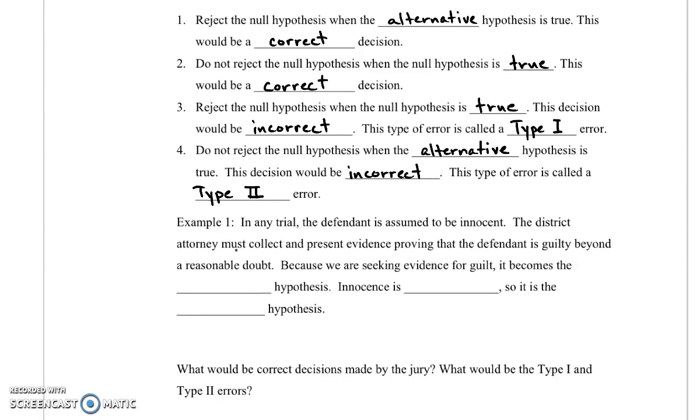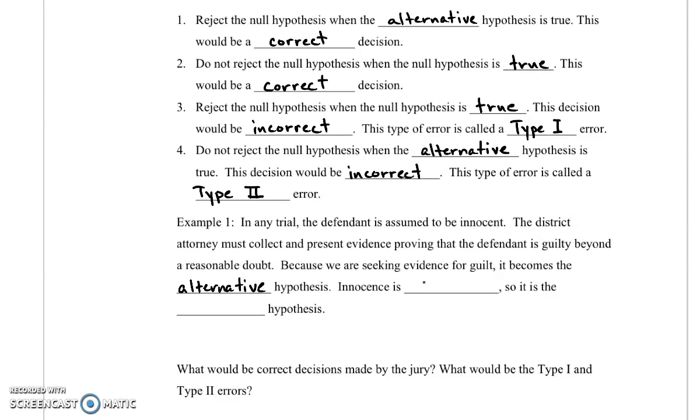So let's do a couple of examples. In any trial, the defendant is assumed to be innocent. The district attorney must collect and present evidence proving that the defendant is guilty beyond a reasonable doubt. Because we're seeking evidence of guilt, it becomes the alternative hypothesis.